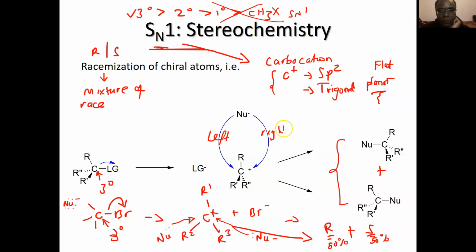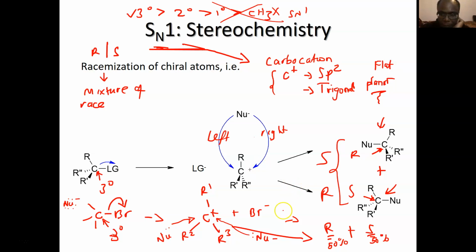Okay, so if the nucleophile attacks from the right, then this is what you get. If it attacks from the left, this is what you get. If this carbon ends up being chiral and this ends up being chiral with 4 different groups, then you'll have equal amount of R and S or S and R depending on what R groups are. Okay.